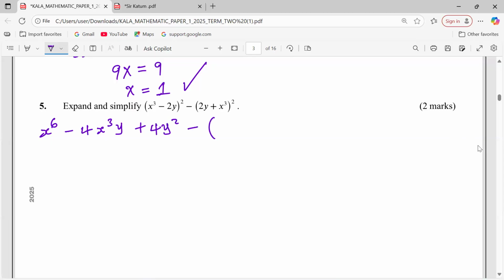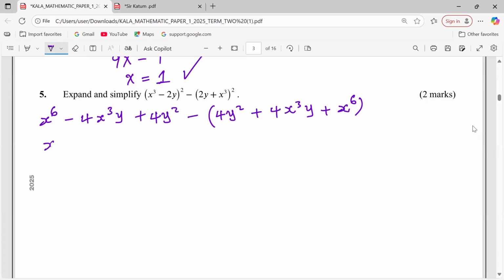Then minus. From the other side, we need 4y squared plus 4x power 3 y plus x power 6. Yes, x power 6, I hope you can see that, after squaring.